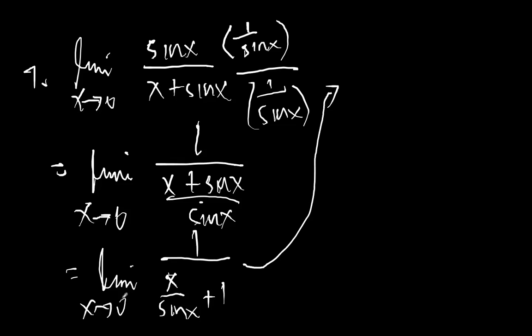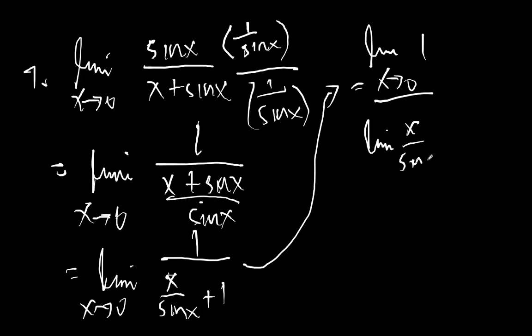And then again, we can take the limit of all the terms. So we have the limit of 1 as x approaches 0 over the limit of x over sine x as x approaches 0 plus the limit of 1 as x approaches 0.